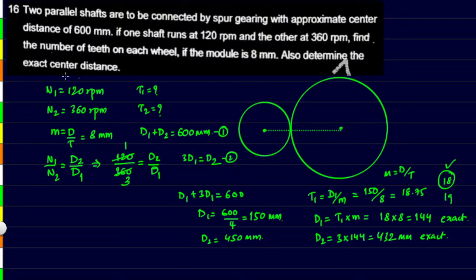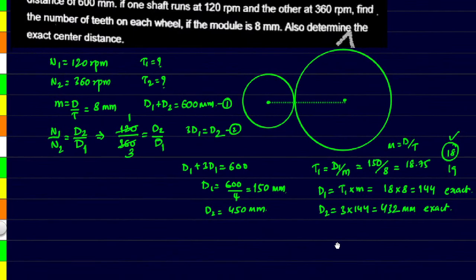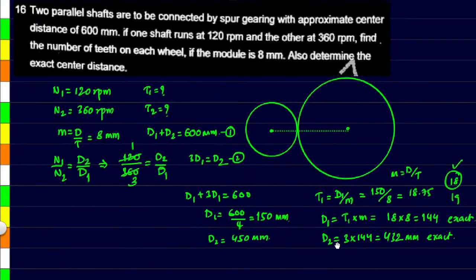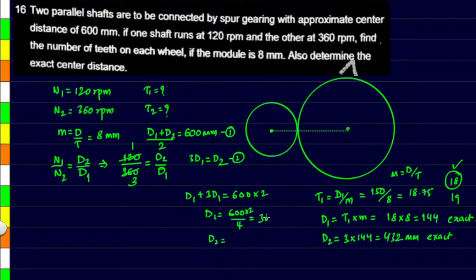What is he asking us? The exact center distance. If you want the exact center distance, this has to be divided by 2, I guess, right? So it's going to be into 2. Again here into 2, so this is going to be 300, and 3 times 300 is 900.